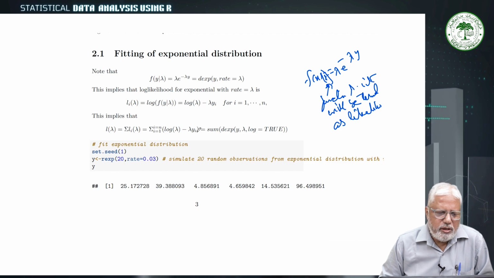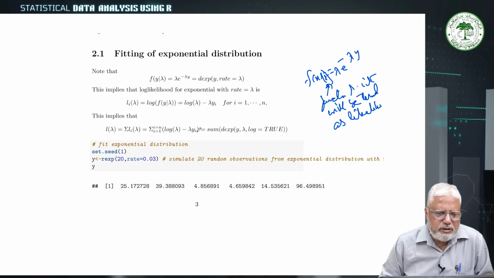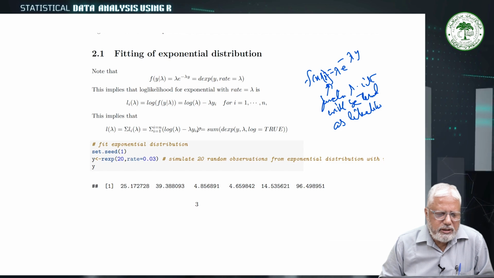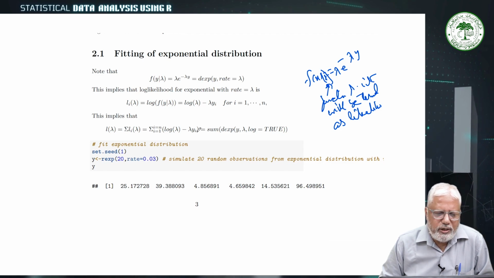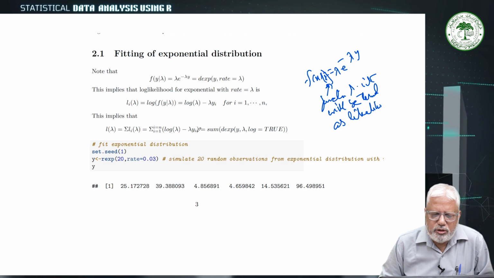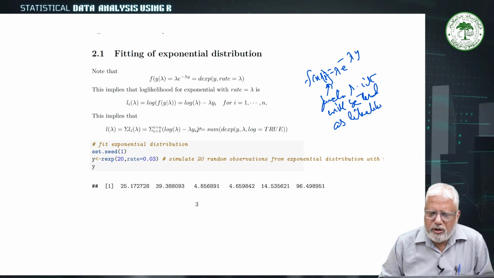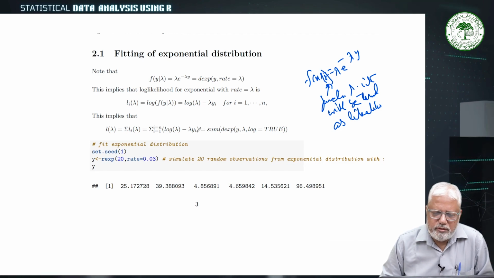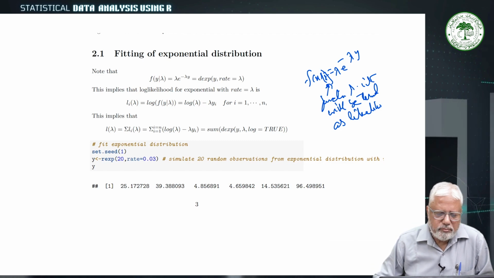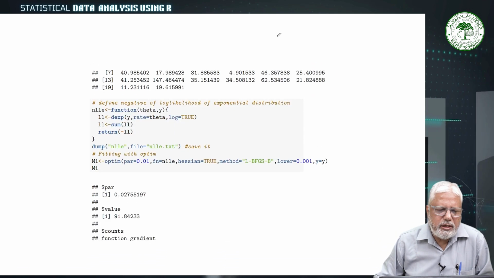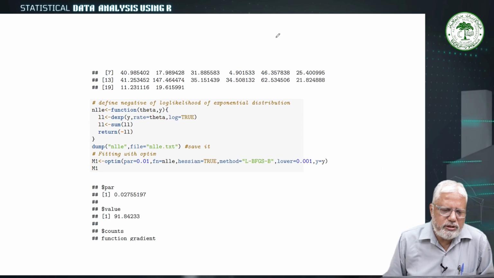So here we shall fit. First we set the seed, y is equal to rexp with rate equal to 0.03, simulating 20 random observations from the exponential distribution. These are the 20 observations from the exponential distribution.